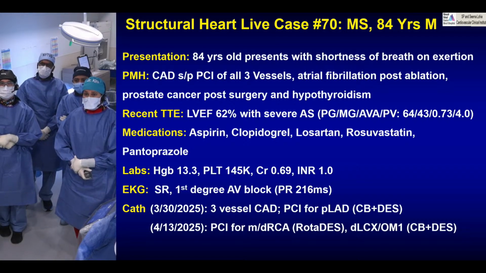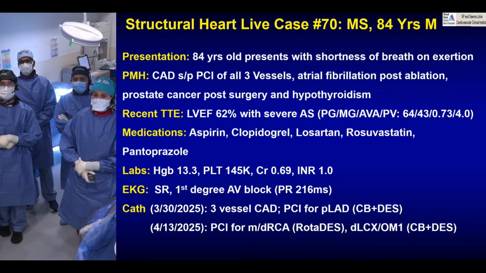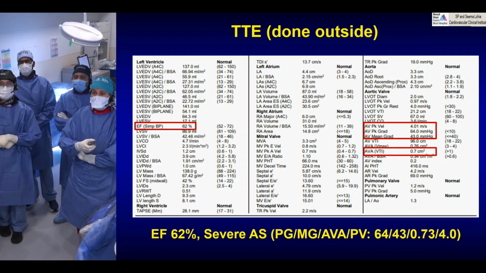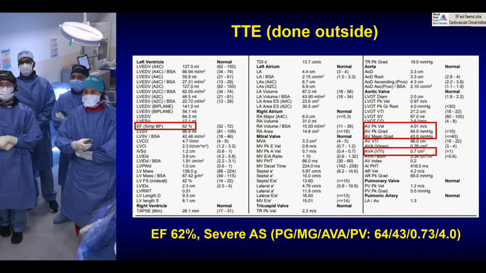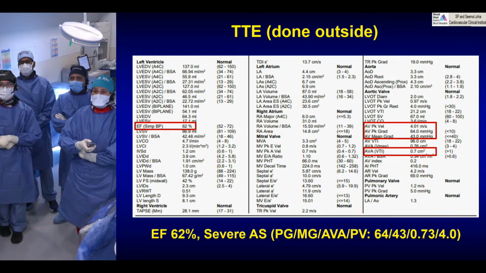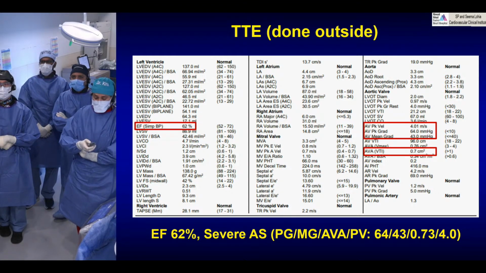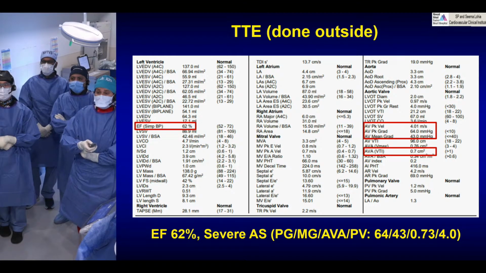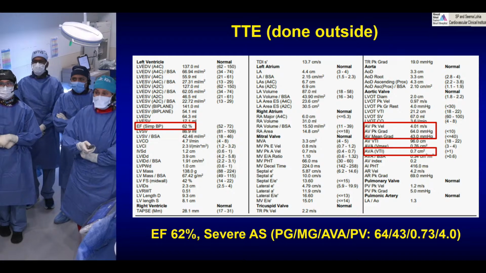We can show the echo shortly, and he has been on good therapy for CAD as well. The TTE was done outside, with normal EF and a significant gradient across the aortic valve, a mean of 43.